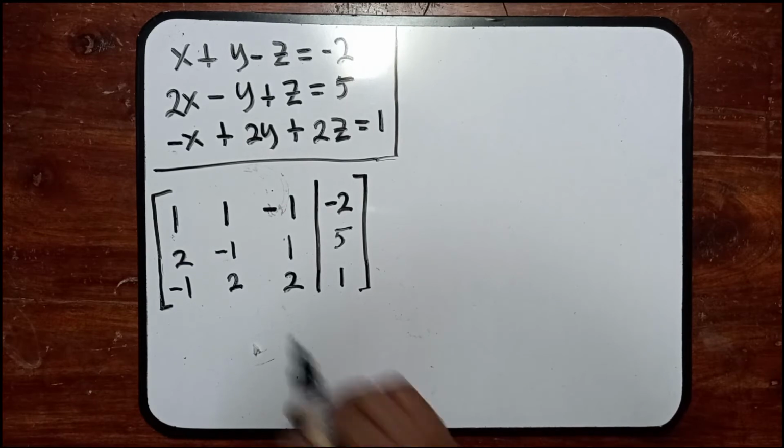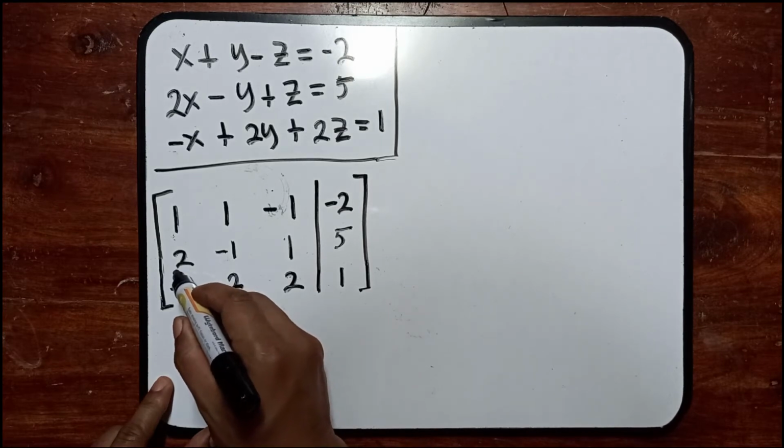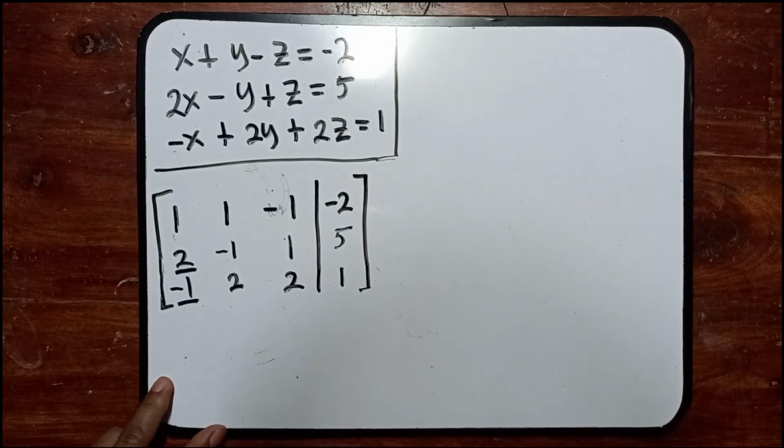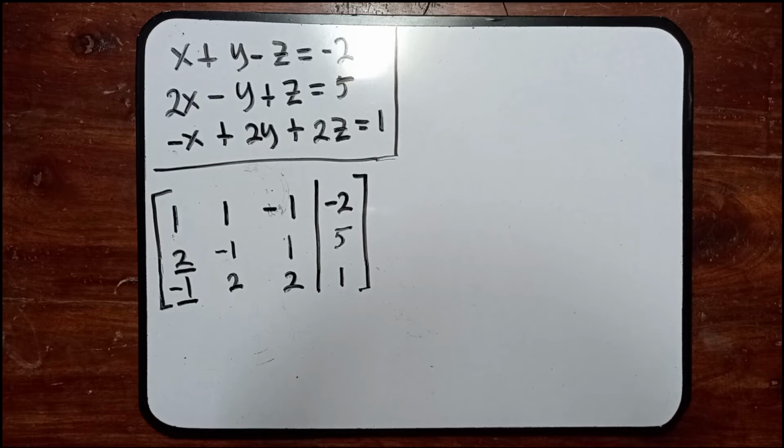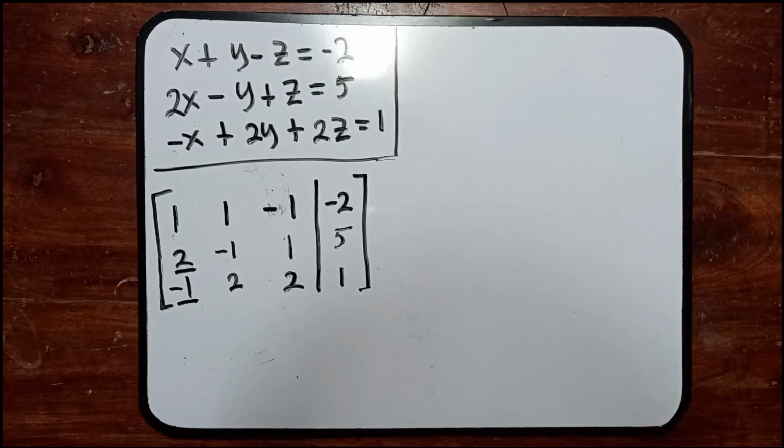Okay, so let's start. Let's apply row equivalence. Let's try dealing with these numbers, the 2 and the negative 1. What number do you think that when multiplied to this number and added, it will turn these numbers to 0? We have to guess for that number. But in this case, I have already computed this one.